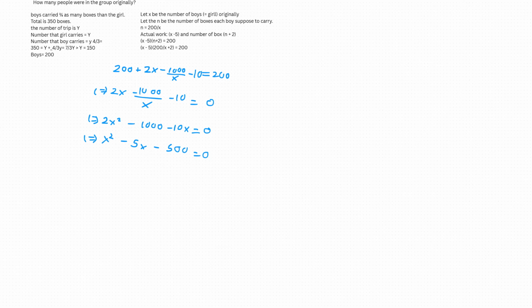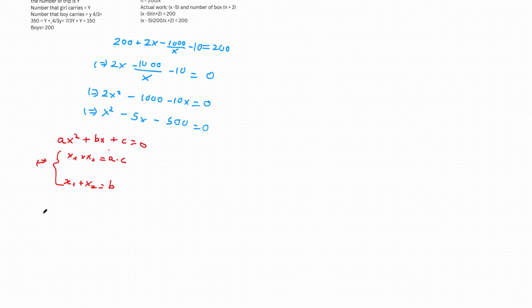If anyone doesn't remember, let's review it real quick. For a quadratic equation ax squared plus bx plus c equals 0, x1 times x2 equals c divided by a, and x1 plus x2 equals minus b divided by a.